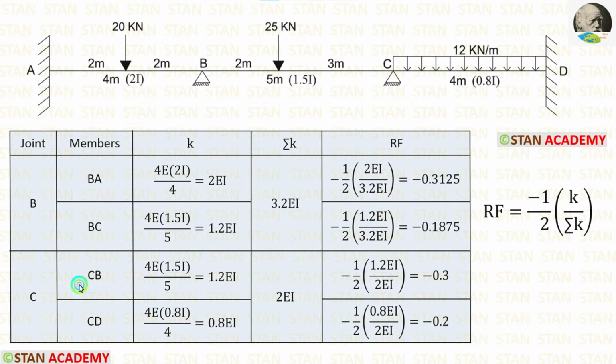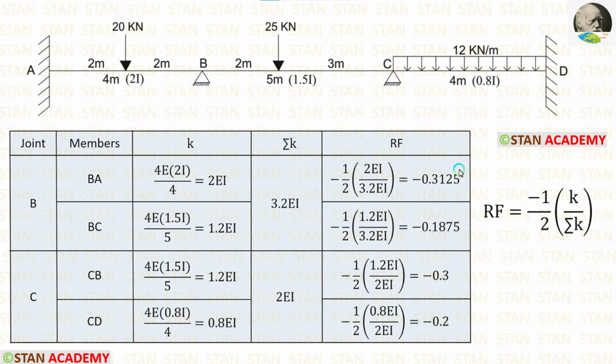Now, let us calculate for CB. For CB, K is 1.2 EI, sigma K is 2 EI. When we apply inside the formula, we are getting minus 0.3. Now, let us calculate for CD. For CD, K is 0.8 EI, sigma K is 2 EI. When we apply inside the formula, we are getting minus 0.2.